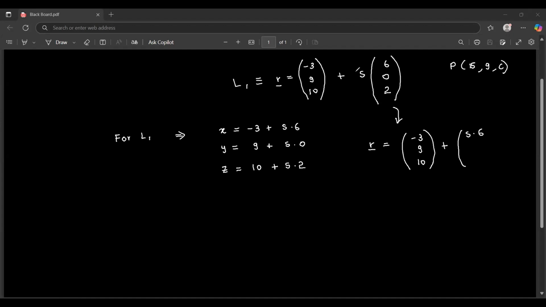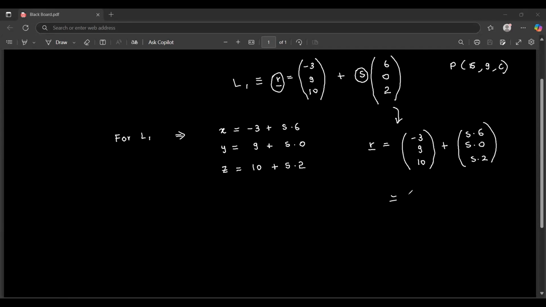This is scalar multiplication, because s is a scalar value and the direction is a vector. So we use scalar multiplication on this vector, and you get s into 0 and s into 2.